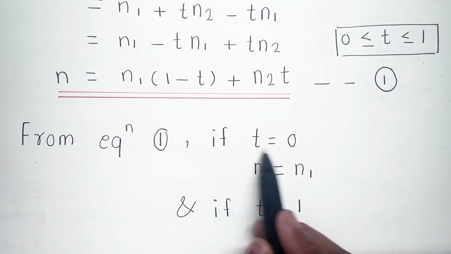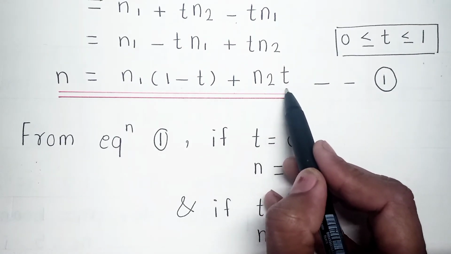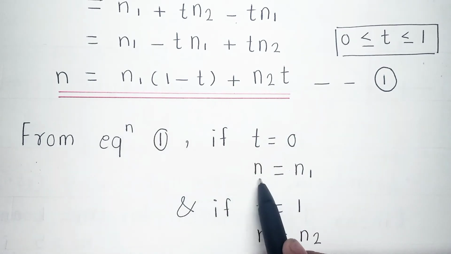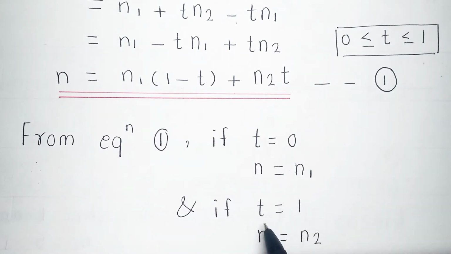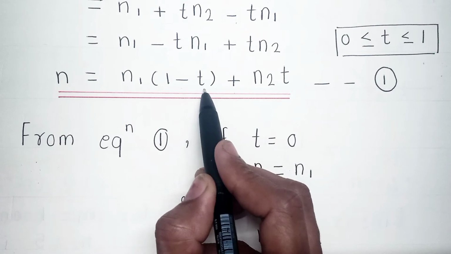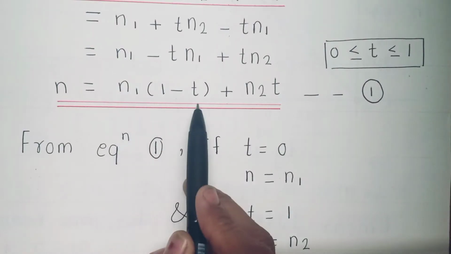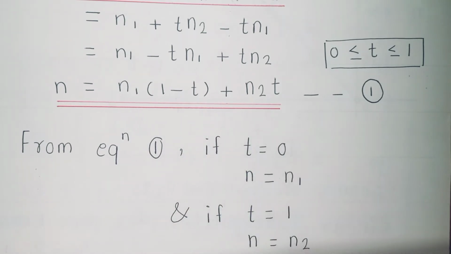Now if t is equal to 0, put here t equal to 0. So we get the answer n1. That means n is equal to n1. Now after substituting the value t equal to 1, then what happens? n1 becomes 0 and we get the value of n equal to n2.